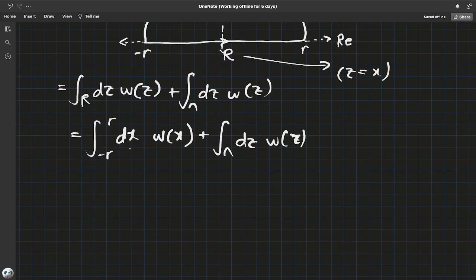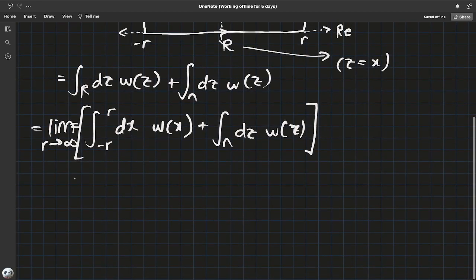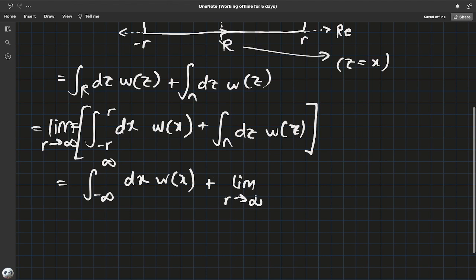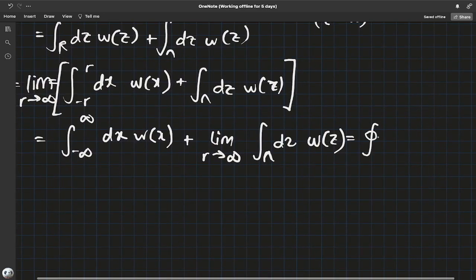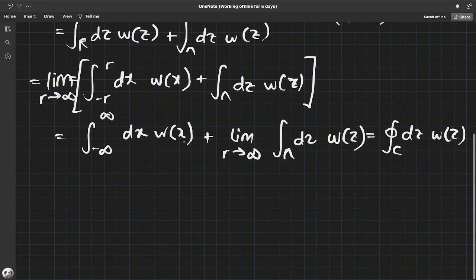Okay, and now if I take the limit as R goes to infinity, basically for both of these, notice what's going to happen. We're going to get the integral from minus infinity to infinity dx w of x plus the limit as R goes to infinity of this arc integral, and this is still equal to the closed loop integral of dz w of z around C. Well, notice what this is.